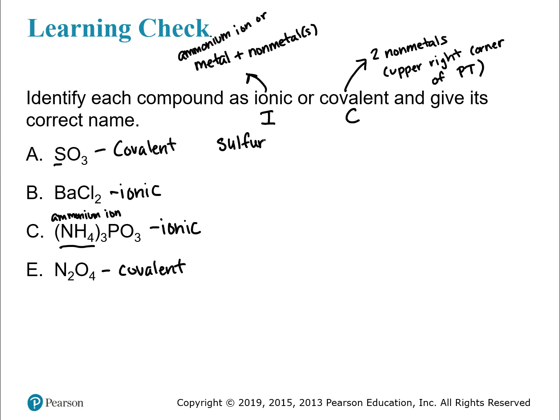If there were more than one sulfur atom, then we would include that using a prefix. But there's only one, so we just write the name. Next, we have to describe the oxygen, and there are 3 of them. So we're going to use the prefix tri, and that means 3. The first syllable of oxygen, which is ox, and then we add IDE.